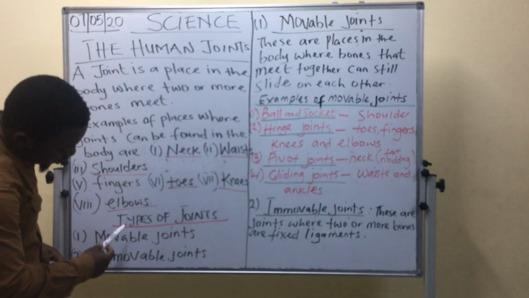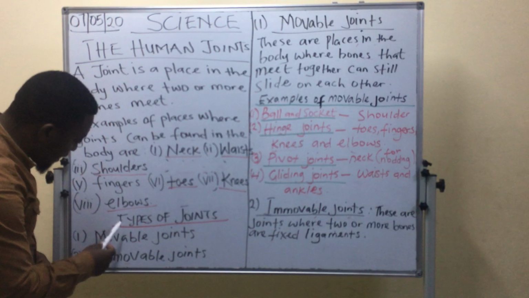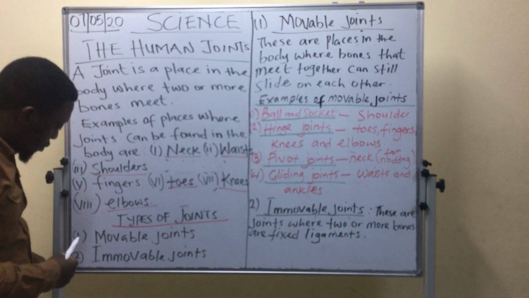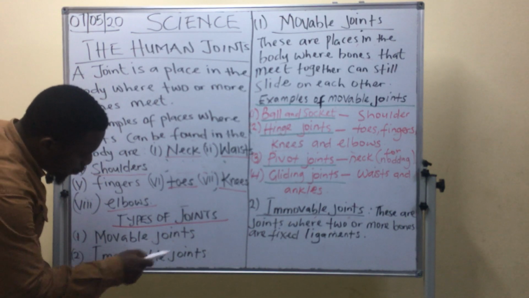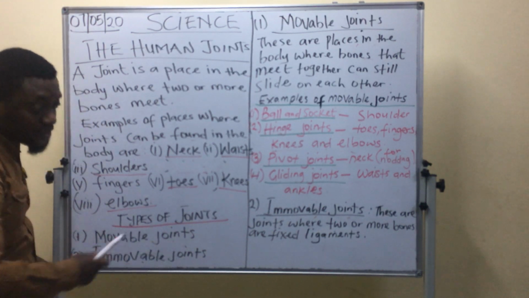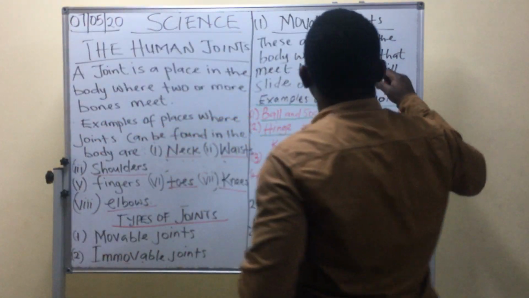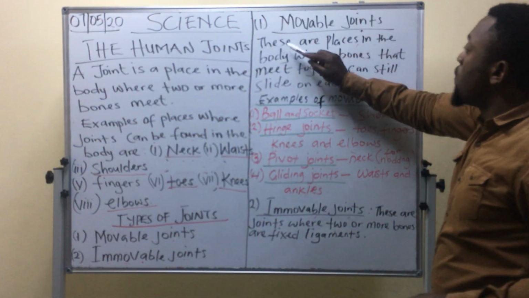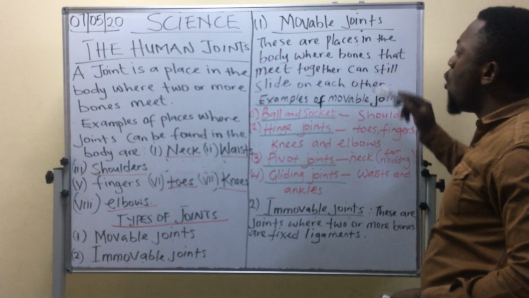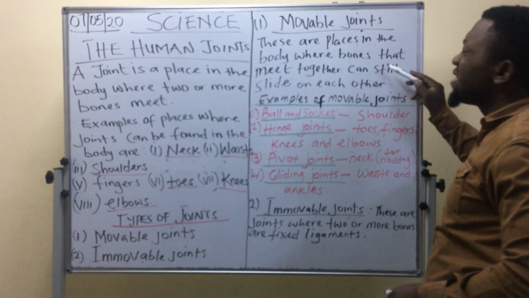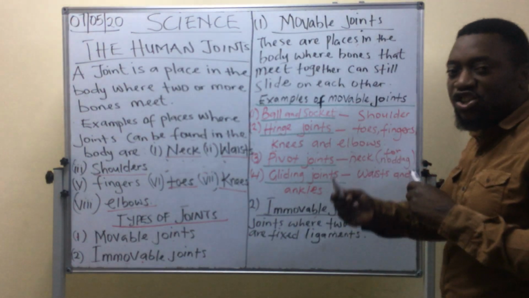Then I also mentioned the types of joints that we have. I said we have two types of joints. One is movable joints, while the second one is immovable joints. These are the two types of joints that we have. Then I explained that movable joints are places in the body where bones that meet together can still slide on each other.